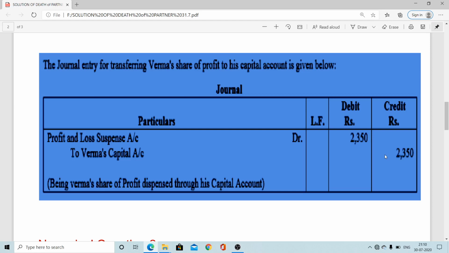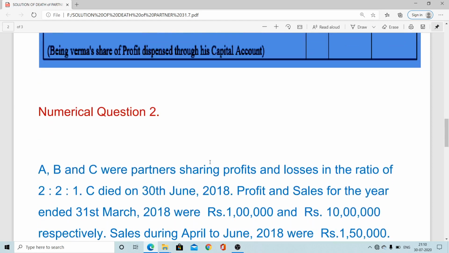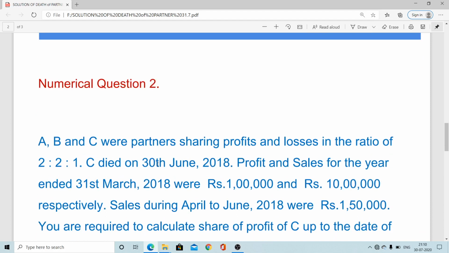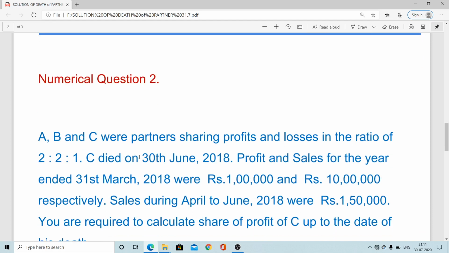Now another numerical problem, how to calculate the deceased partner's share of profit on the basis of sales or turnover. Here also there are three partners A, B, C and their profit sharing ratio is 2:2:1. C died on 30th June 2018.